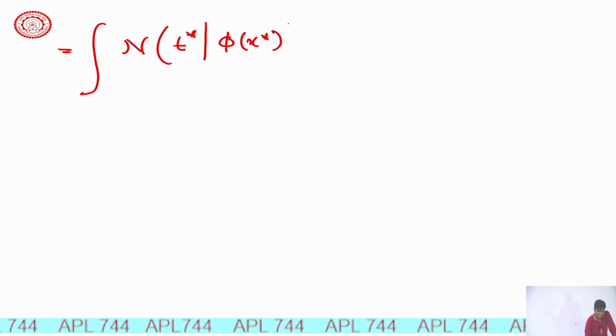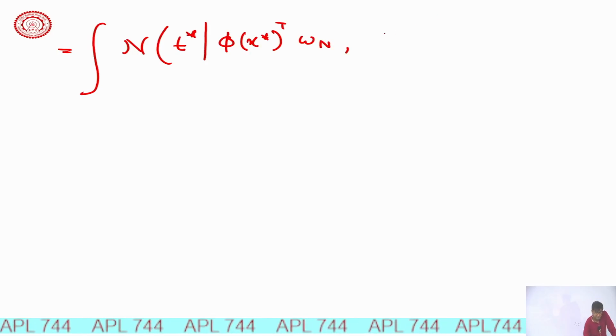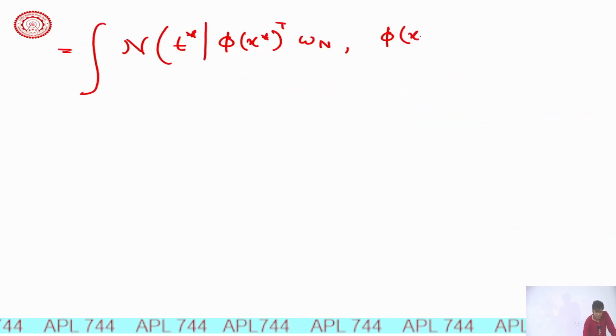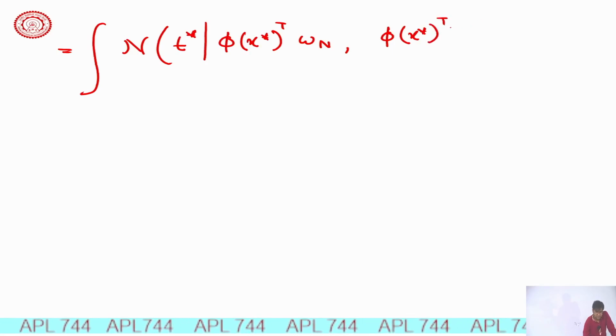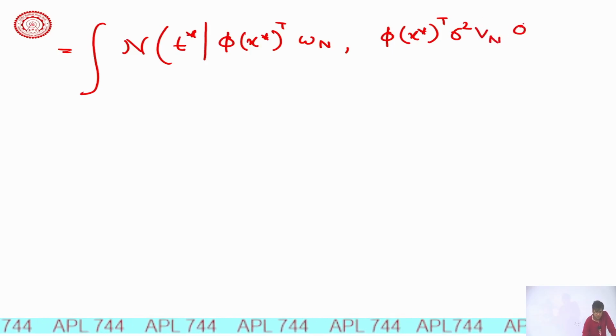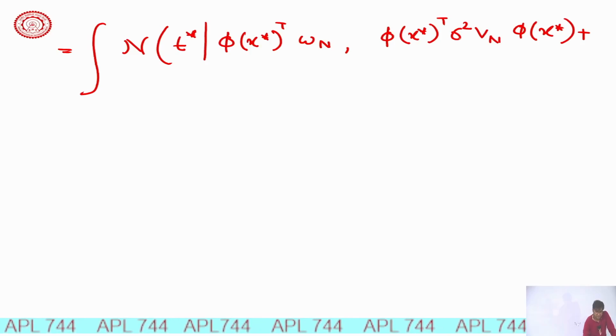So let me write it down. So this is equal to the integration, the inner will become Gaussian over T star given phi of x star transpose Wn, comma, phi of x star transpose sigma square Vn phi of x star plus sigma square.